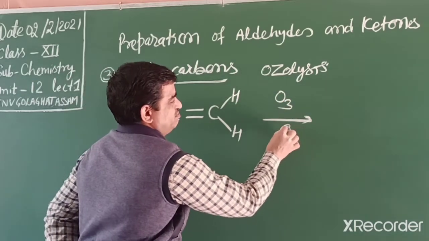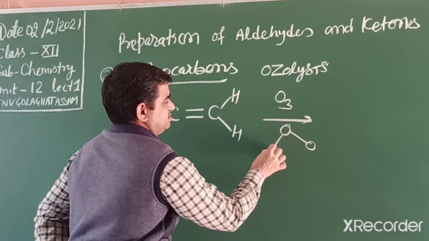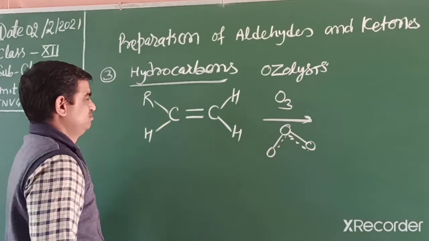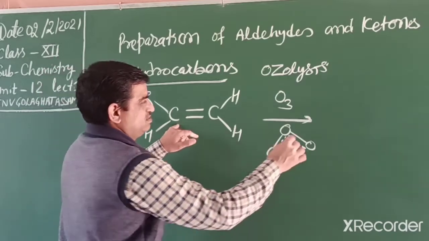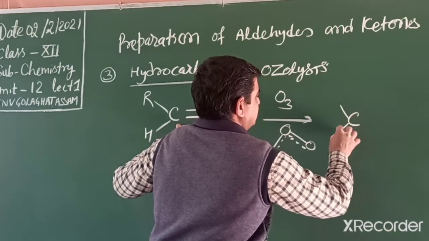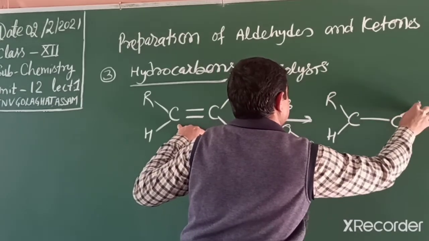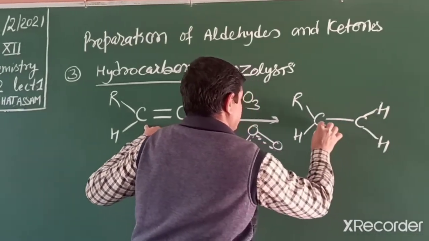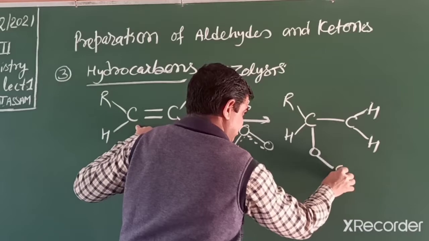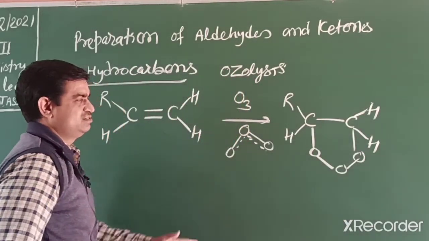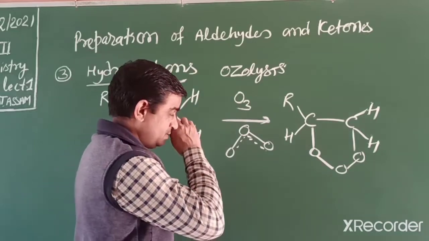Friends, you know ozone has this type of structure, V shape. So it reacts with alkene. First, a compound forms like this, that is an unstable compound.